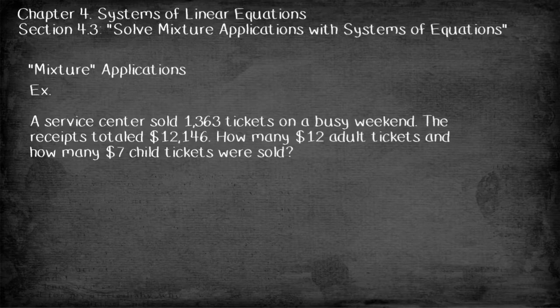So first up, we have a service center selling some tickets for an event. The receipts totaled $12,146, and the question is how many $12 adult tickets and how many $7 child tickets were sold. So this problem is pretty directly asking for the number of adult tickets sold and the number of child tickets sold.